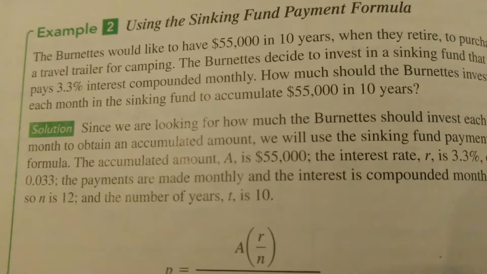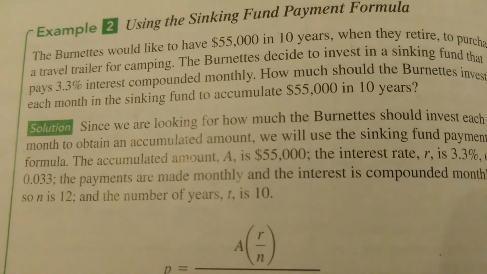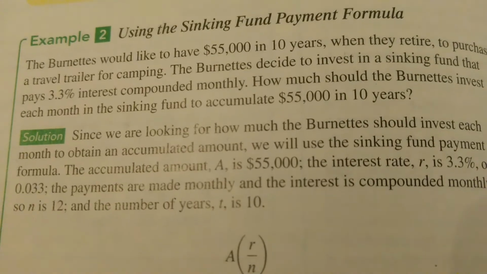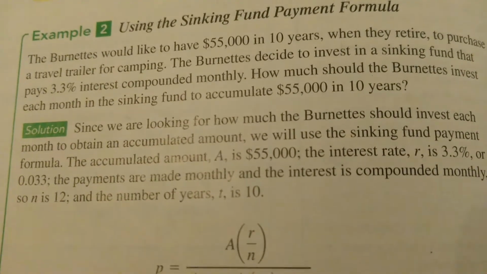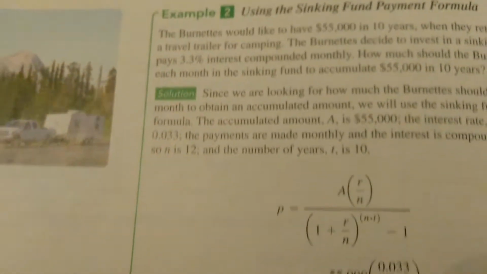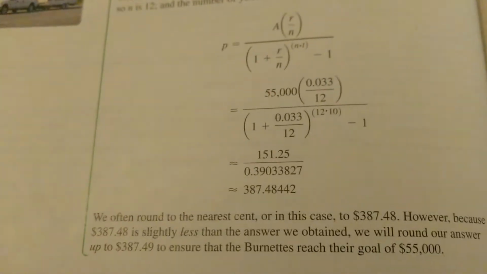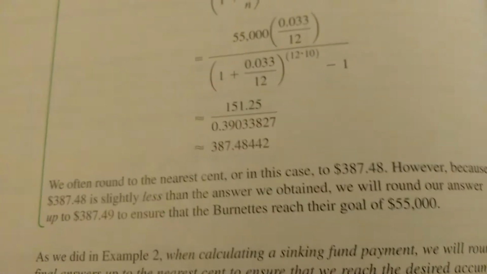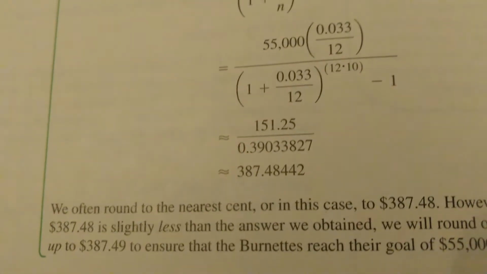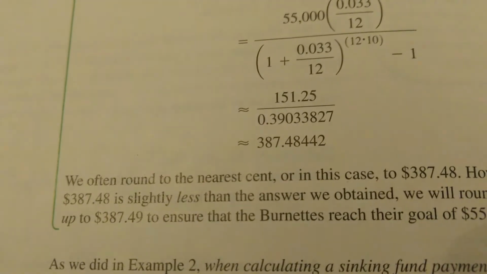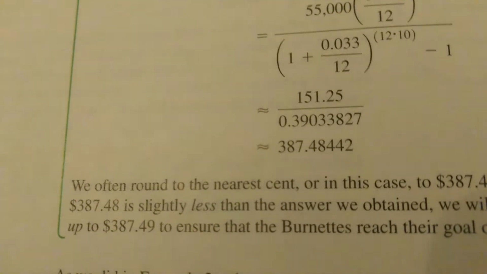How much should the Burnetts invest each month in the sinking fund to accumulate $55,000 in 10 years? In this formula, we plug everything in and solve for P. We find out that if the Burnetts want $55,000 in 10 years, they need to pay almost $388 a month.